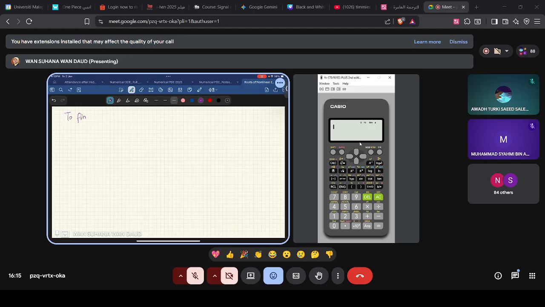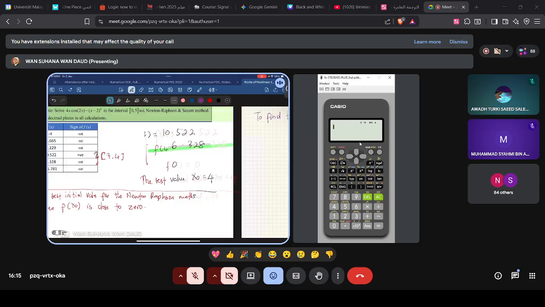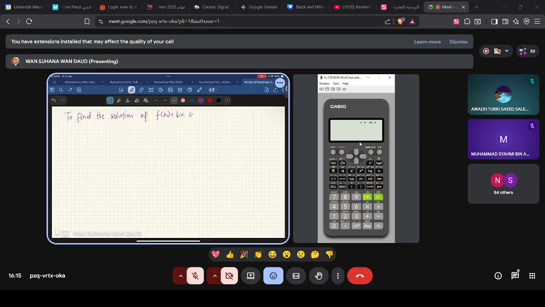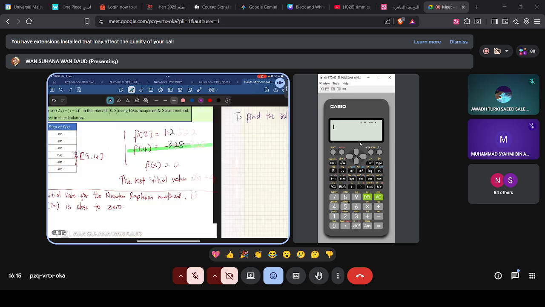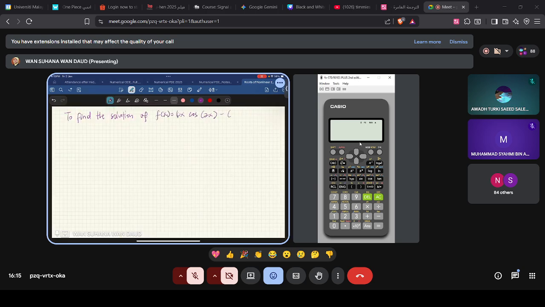To find the solution of f(x) = 4x cos 2x - x - 2 power of 2, which method do you prefer more?